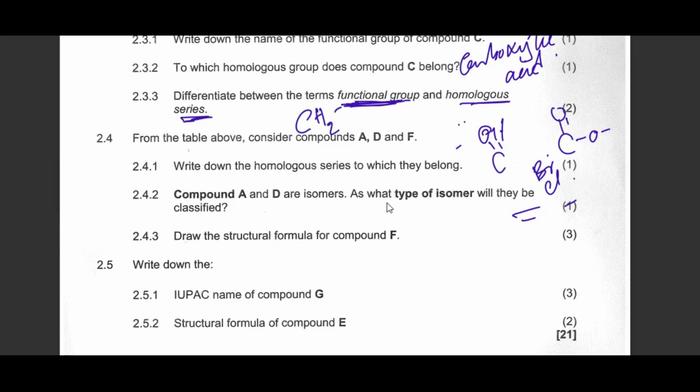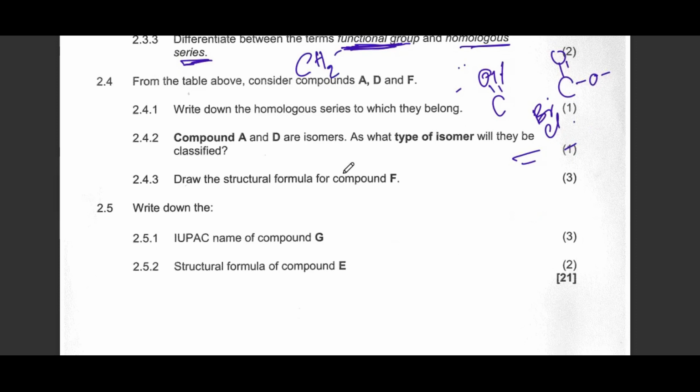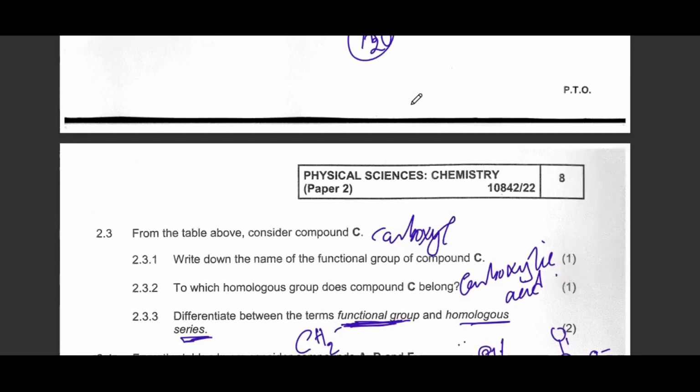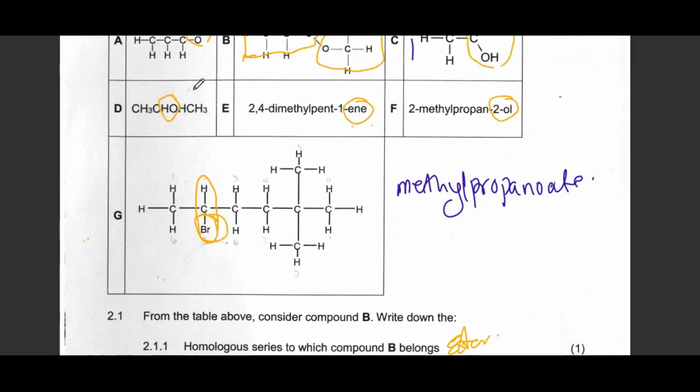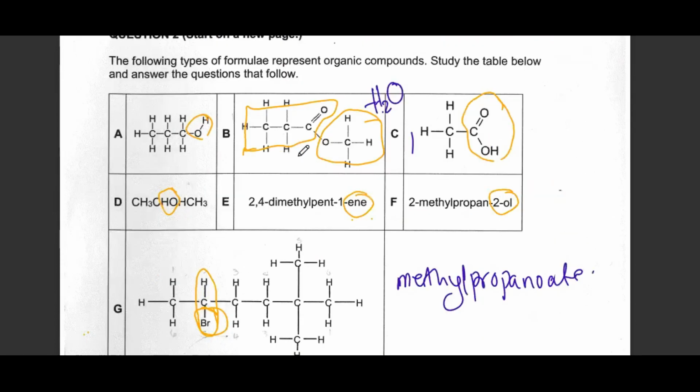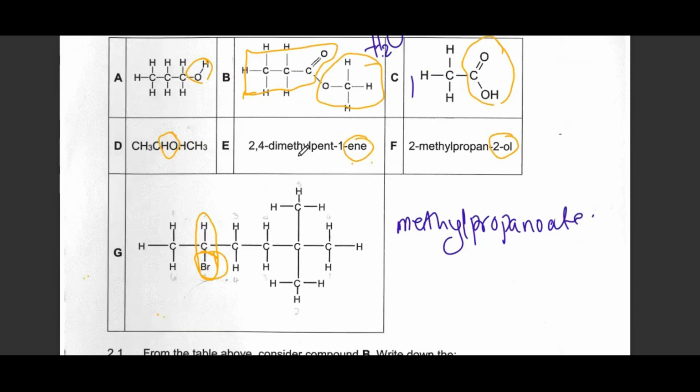Yes. And then they are saying, write down the homologous series to which A, D and F belong. Homologous series for A, D, F. A is alcohol. D is alcohol. F also.